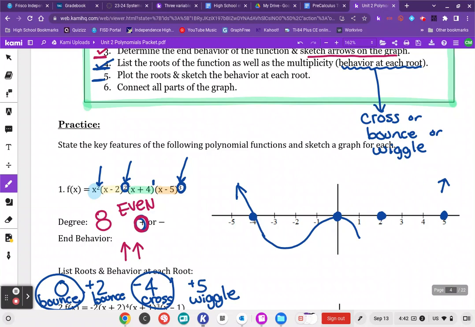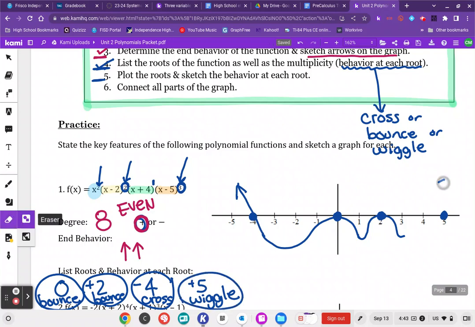The next root is at 2. 2 is a bounce again. So 2 is going to be a bounce, and it has to be continuous from the last root. So we're going to do something like that. And then at 5, it needs to wiggle.